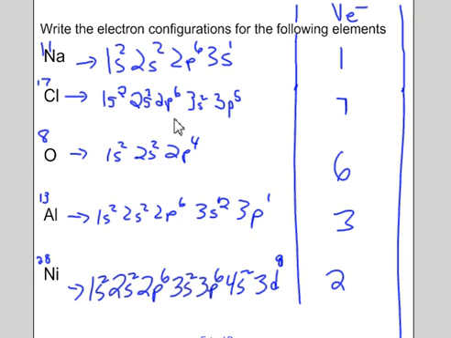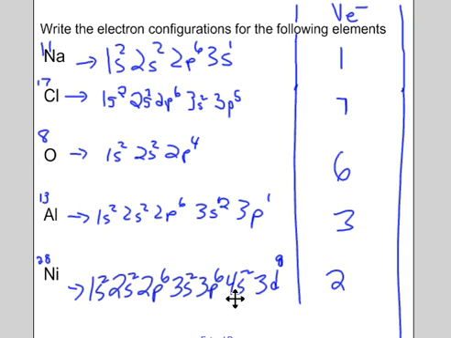What we'd like you to quickly be able to do is to recognize that only S's and P's in the highest energy level correspond to valence electrons. If I come down here to nickel with its 28 electrons, this would be its electron configuration. It has electrons in the first, second, third, fourth, and here again back in the third energy level, because remember the D sublevel gets filled after the 4s.